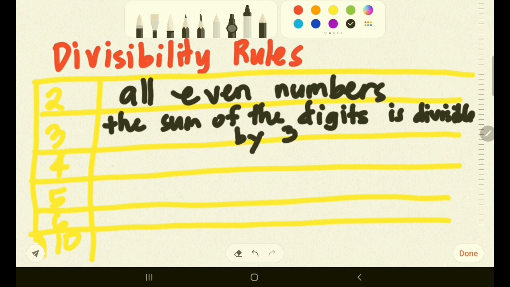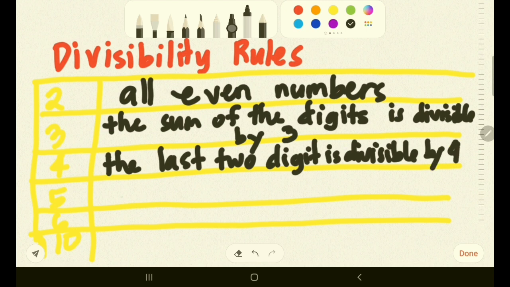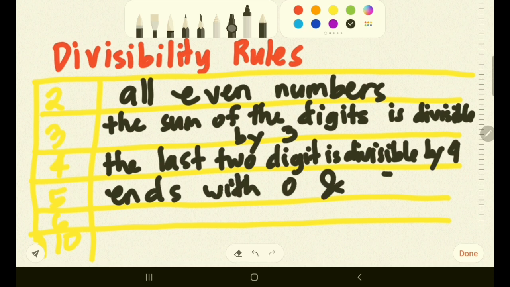Now, for 4, if the last 2 digits are divisible by 4. How about 5? If the number ends with 0 and 5.